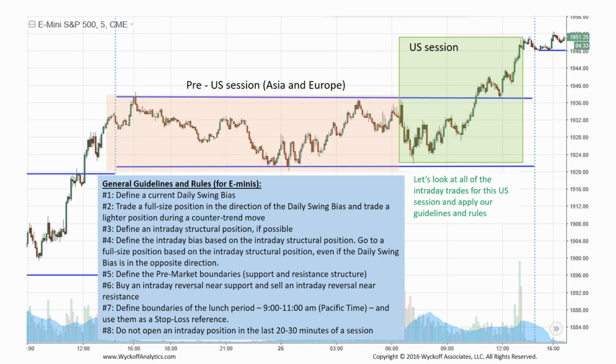We're going to have some high volatility in the pre-US session, and both Asia and Europe are going to trade those instruments, and they're going to trade their own indices, and therefore the futures like E-minis, the action before the actual US session, is going to be based on what other indices around the world are doing.